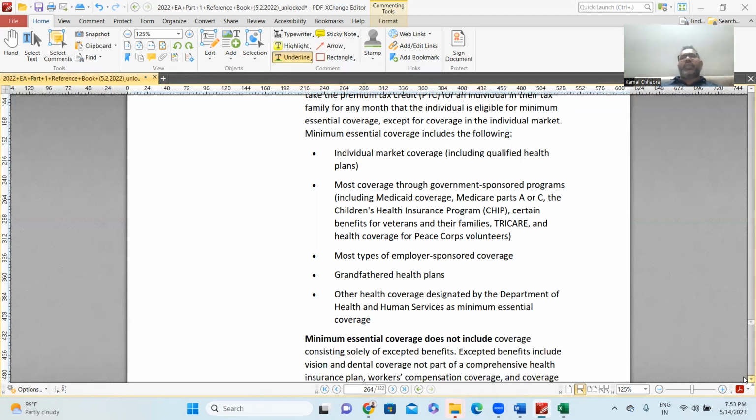This also we have discussed in detail in chapter 3, where we studied all the itemized deductions. There we discussed HSA, Medicare, and healthcare insurance plans, right?